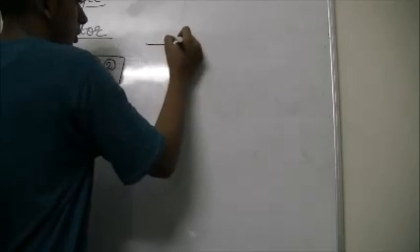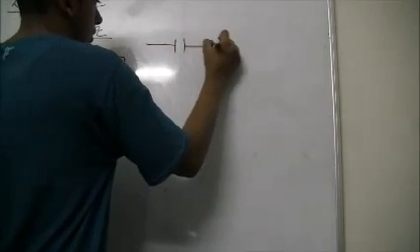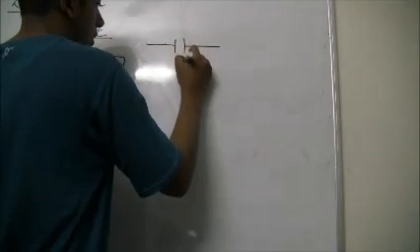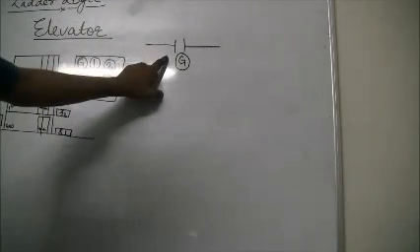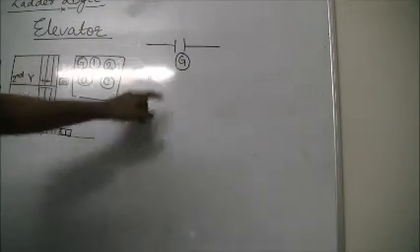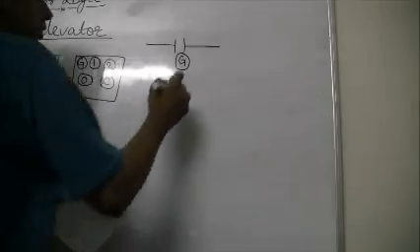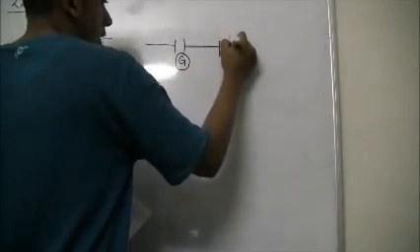So now the user gives an input G, which again checks.